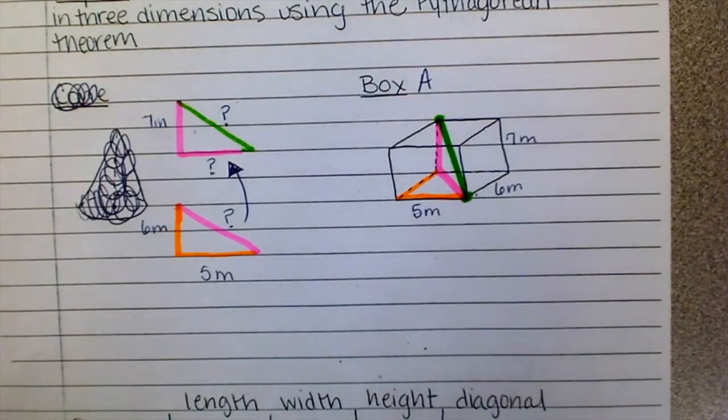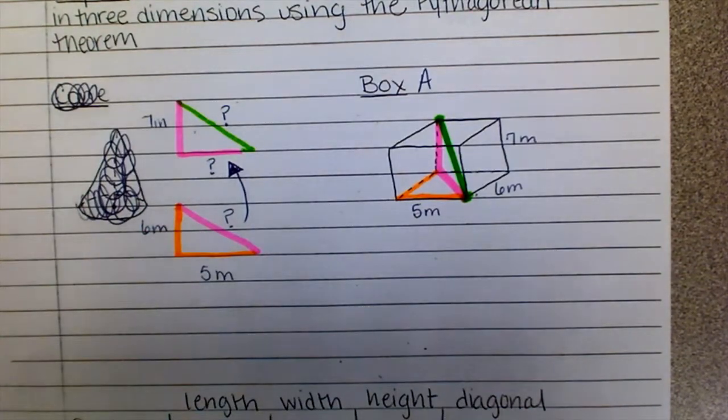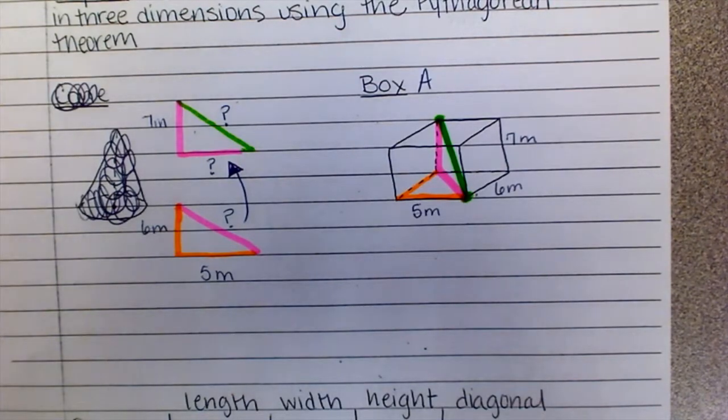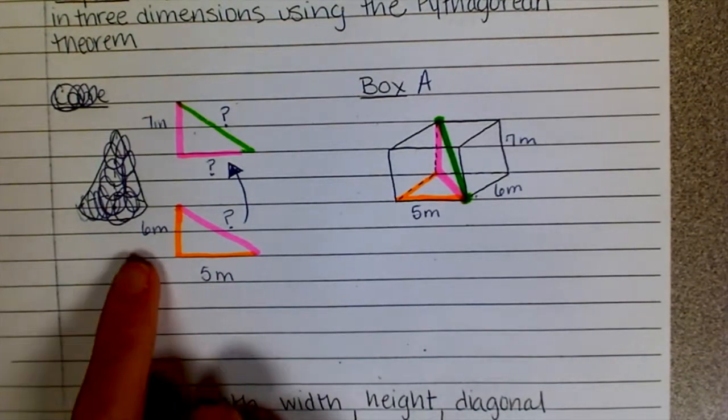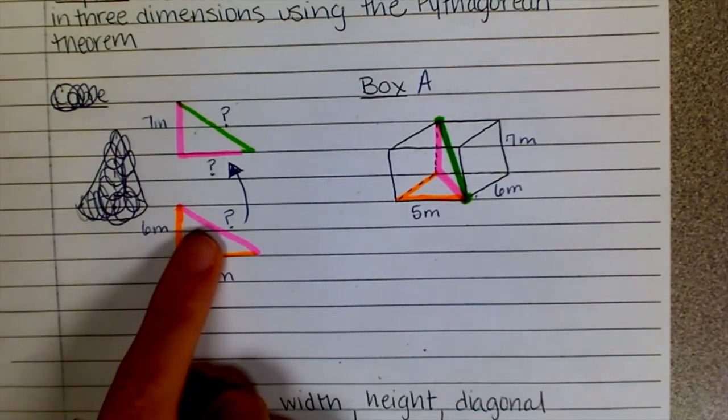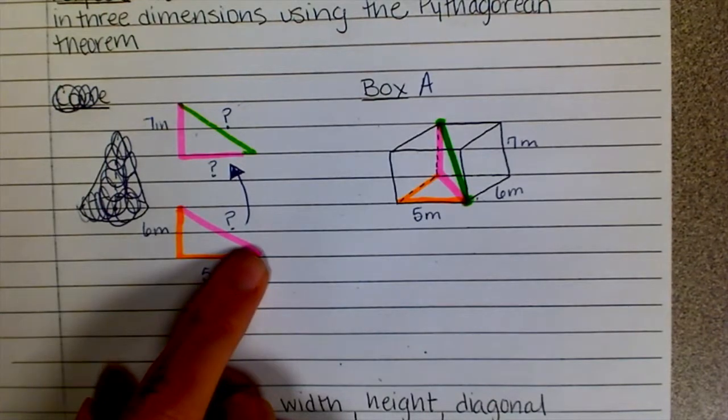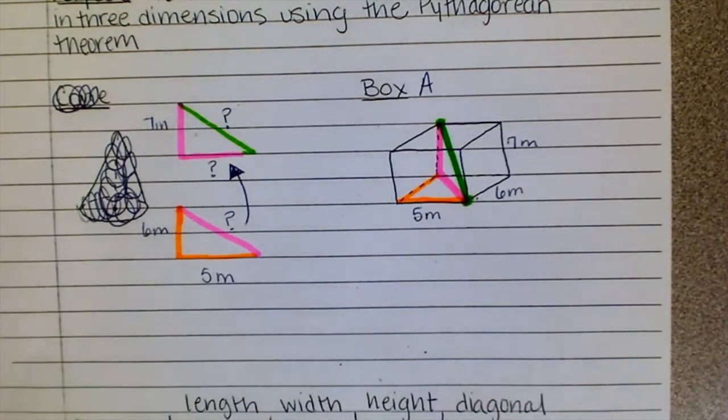Once you have your right triangles, you should be able to use the Pythagorean theorem to solve for your missing side lengths pretty easily. So we're going to start with this one right here because we have 2 known legs and we need the C value, the hypotenuse value. So go ahead, I'm going to give you a minute to do that on your own.